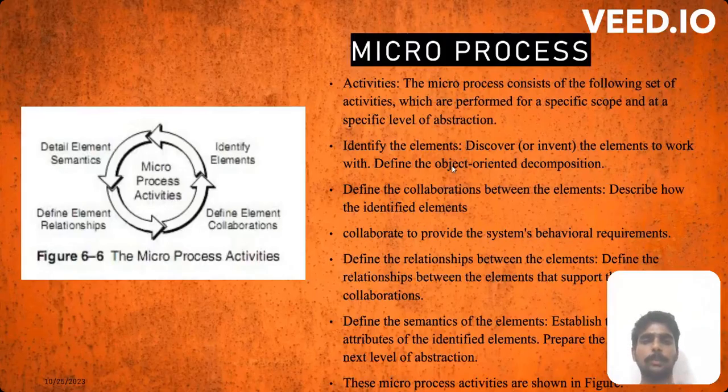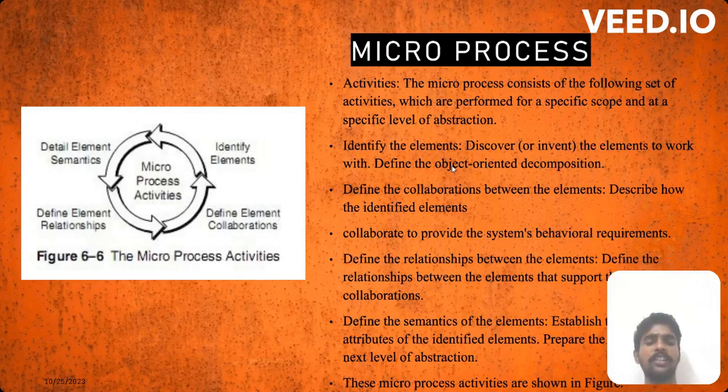Now we discuss the micro process subtopic, activities. The micro process contains the following set of activities, which are performed for a specific scope and at a specific level of abstraction. First, identifying the elements: discovering the elements to work with, defining the object-oriented decomposition. Defining the collaboration between the elements: describing how the identified elements collaborate to provide the system behavior requirements.